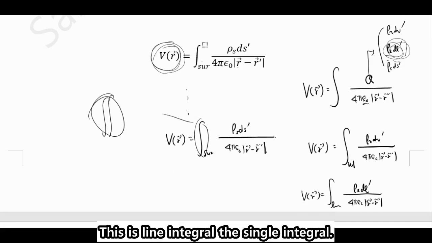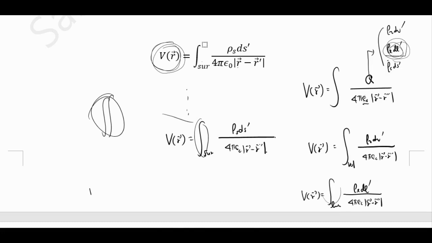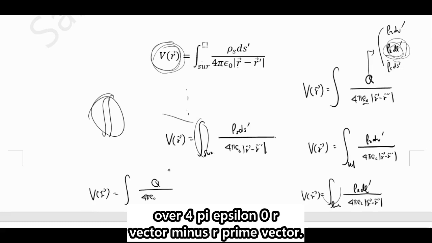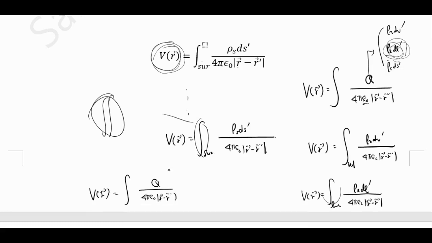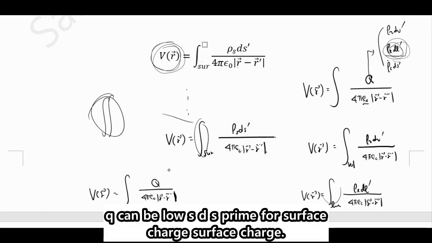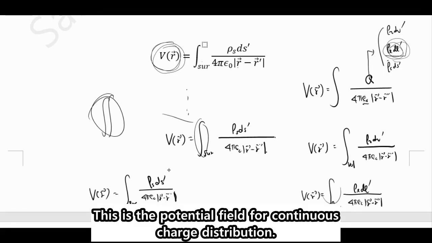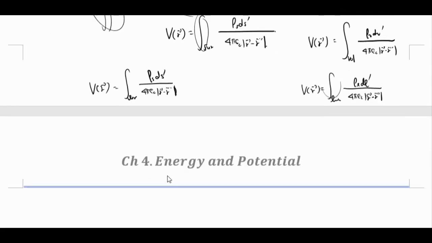This is a line integral, a single integral. The potential for continuous surface charge is Q over 4 pi epsilon 0 magnitude r vector minus r prime vector, where Q can be rho s ds prime for surface charge. So this is a surface integral. This is the potential field for continuous charge distribution.